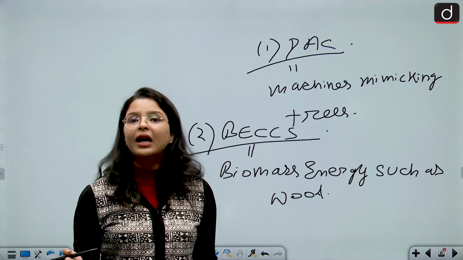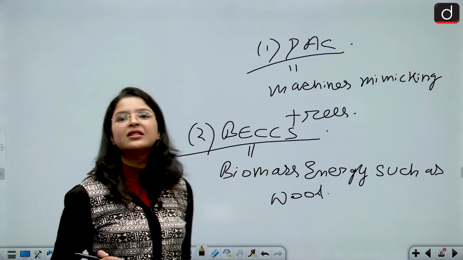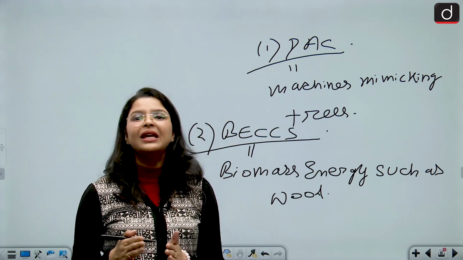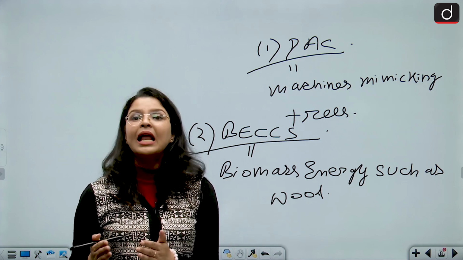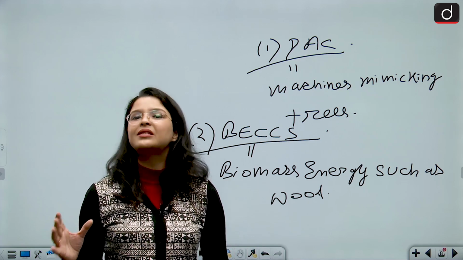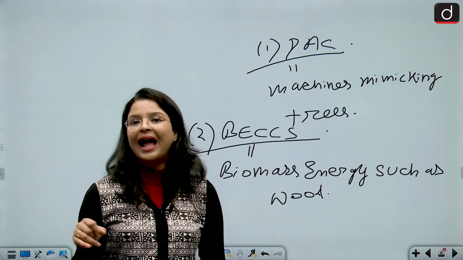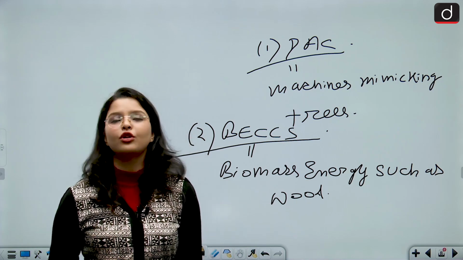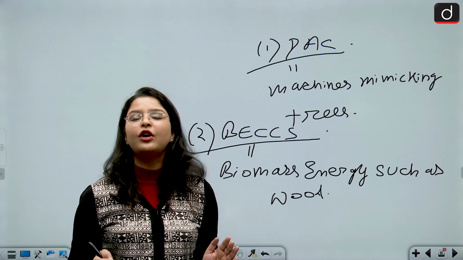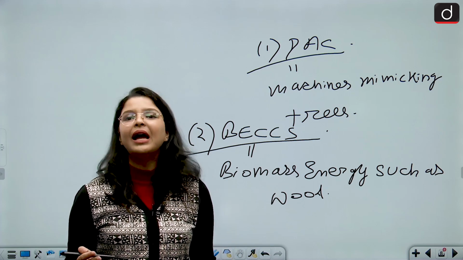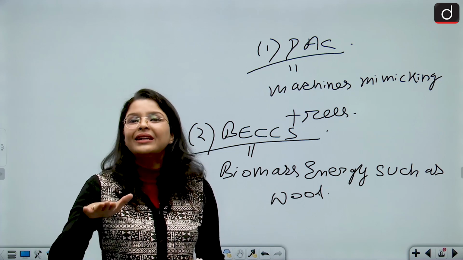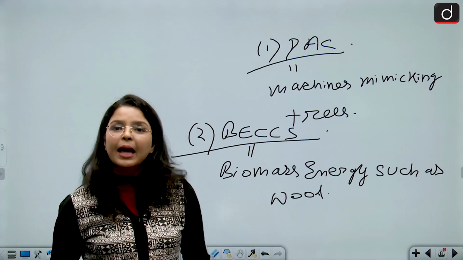So, we are also targeting this biomass energy such as wood, and this BECCS helps in capturing this biomass energy and removing carbon dioxide from the source point, as I have explained to you before also. So, this is also a technique for carbon dioxide removal from the atmosphere, so that you are stopping it at the very source of its emission.